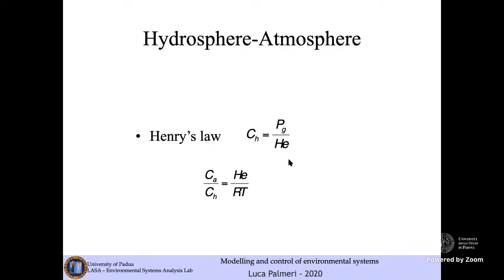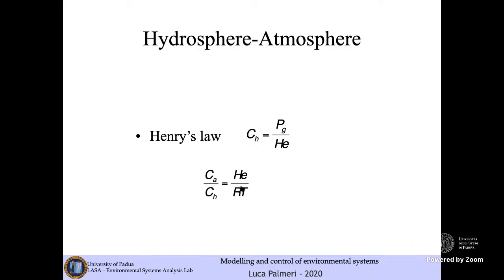By trivially employing the law of ideal gases, the law that tells us that pressure times volume is equal to the number of moles multiplied by R multiplied by temperature, we may substitute pressures in terms of concentration, and then we may recast Henry's law in terms of concentration in air and concentration in the liquid phase through the Henry constant, characteristic of a particular toxic substance, divided by the condition at which this transfer takes place, that is essentially the temperature.